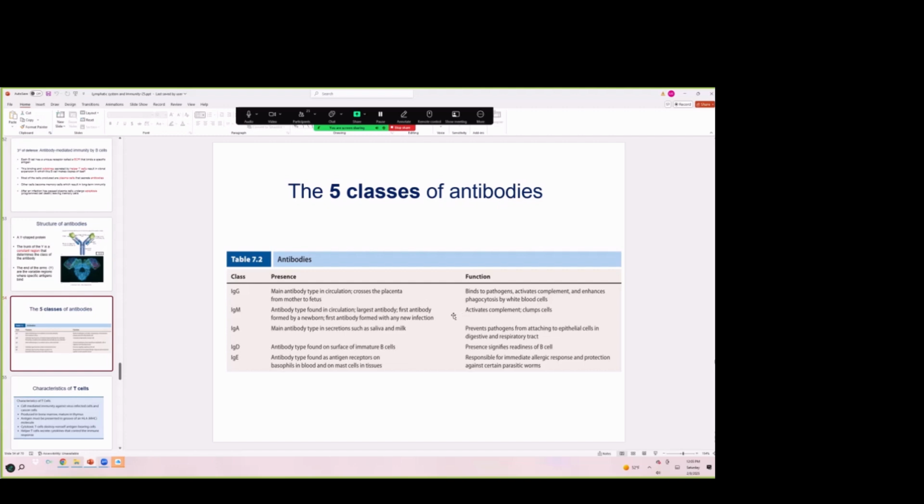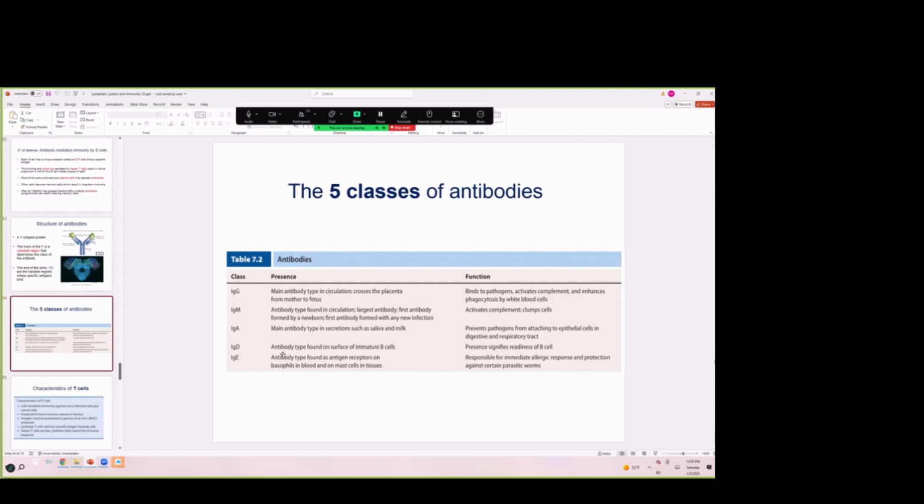Again, it would produce its own antibodies that will go and tag a pathogen and then allow complement proteins to go and cause holes and compromise the antigen. The IgA is found in secretions such as milk and saliva.